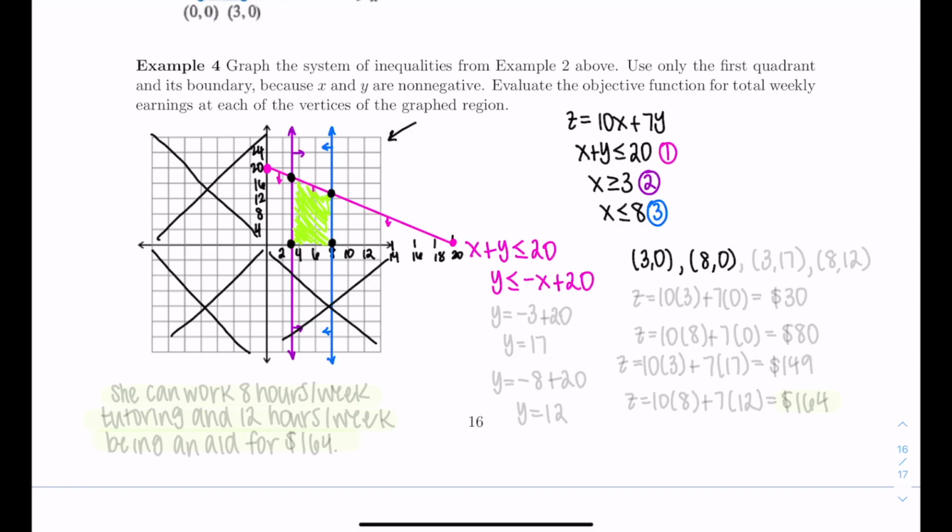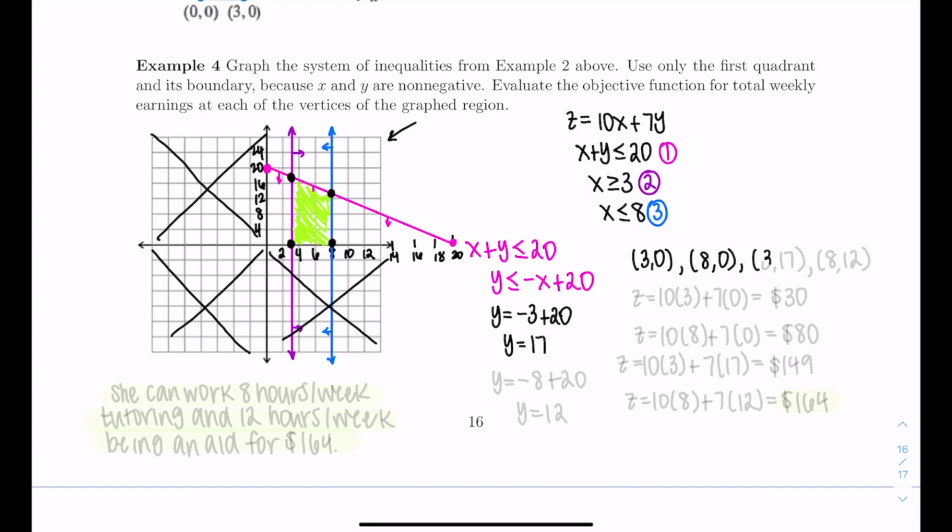So we know between the pink and the purple, we know the x value is 3. So we need to plug in to our y function here. So y equals -3 plus 20. Well, that means that y is 17.